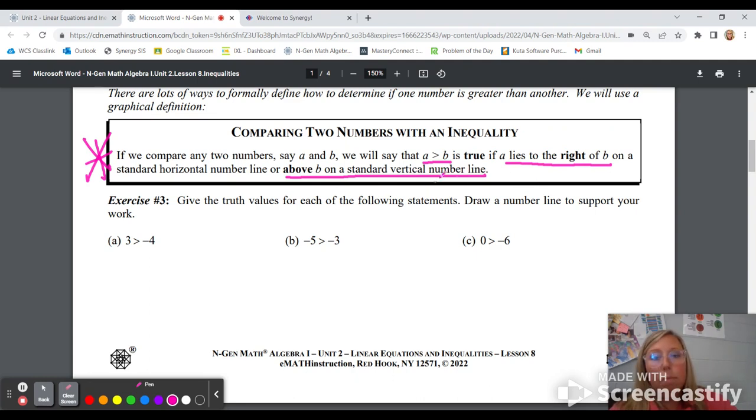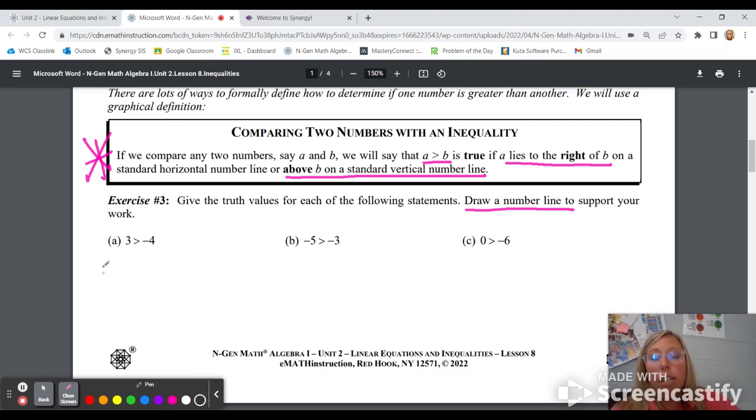So that's the same concept that we were just talking about in exercises 1 and 2, talking about how to use a number line to determine truth of these value statements. So for exercise 3, they want you to draw a number line to support whether these are true or false statements. I'll do the first one for you, and then you do B and C on your own for practice.